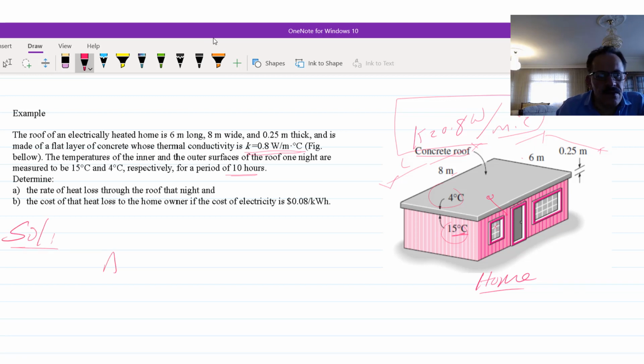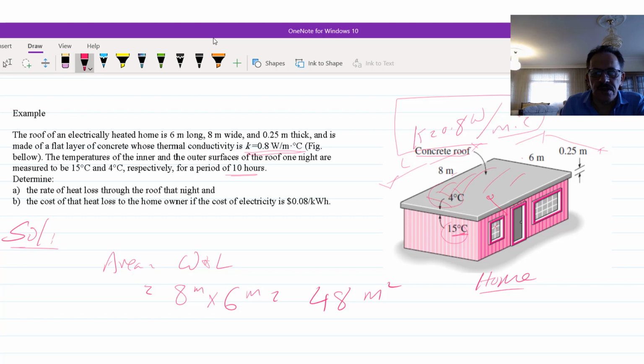The area of the roof is equal to width times length, which is 8 meters times 6 meters, equal to 48 meters squared. This is the surface area.